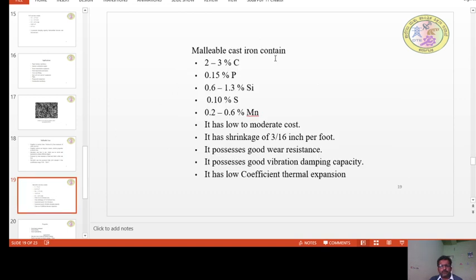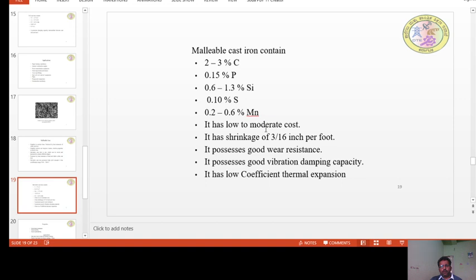And the general composition of malleable cast iron is 2 to 3% of carbon, 0.1% of phosphorus, 0.6 to 1.3% of silicon, 0.1% of sulfur, and 0.2 to 0.6% of manganese.